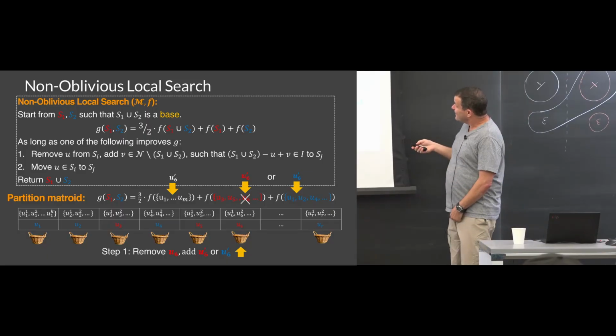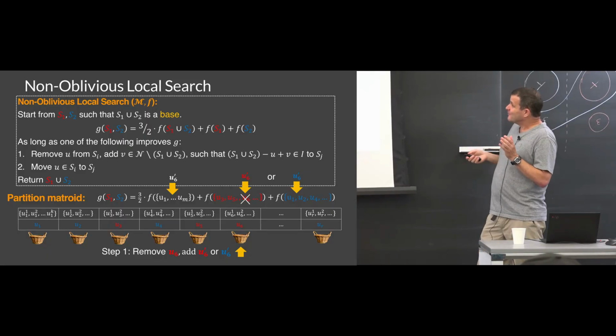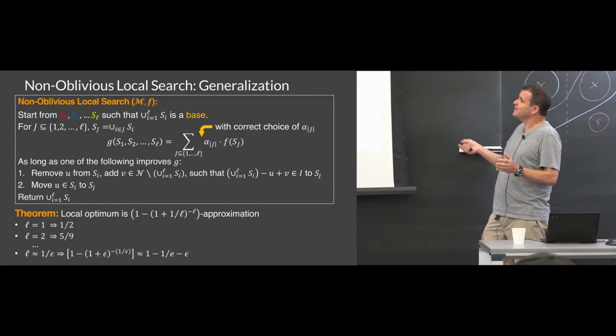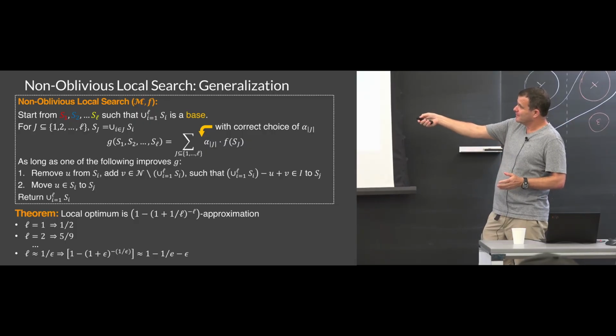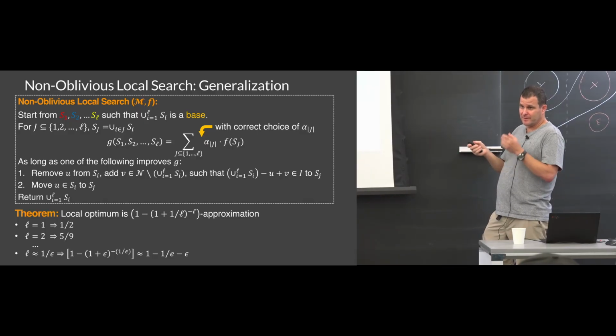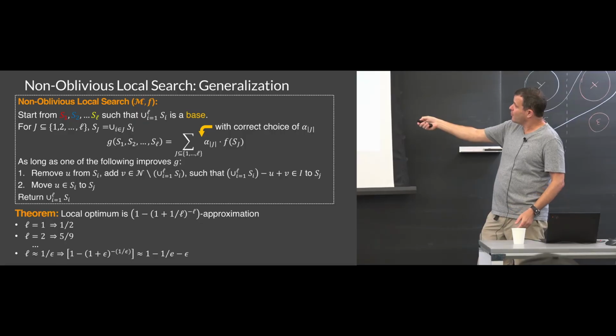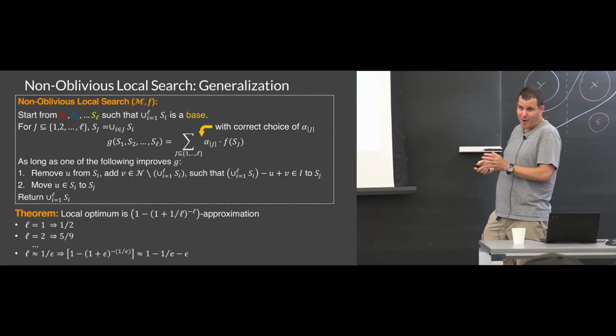Perfect. Now, our real algorithm is just a generalization of these two-color versions. So you have L colors. You have an objective function that depends on every subset of colors, with some coefficient that we choose wisely for the analysis.